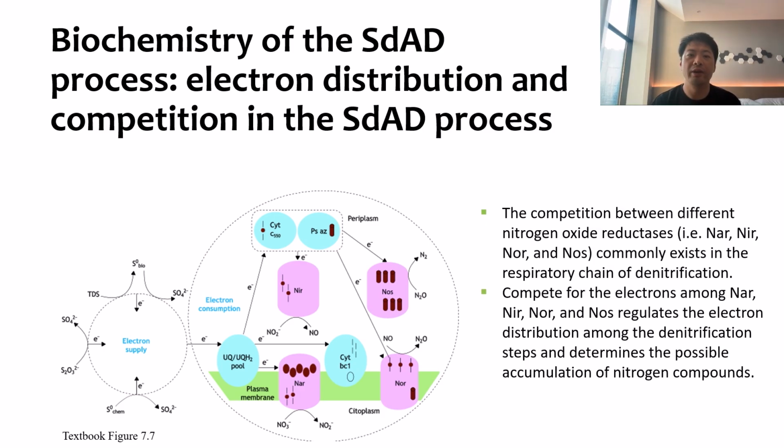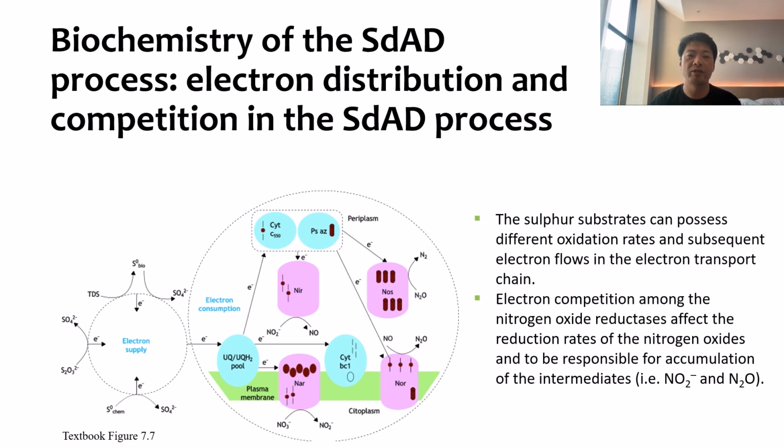On the other hand, the competition between different nitrogen oxide reductases, such as NAR, NIR, NOR, and NOS, as mentioned in the previous slide, commonly exists in the respiratory chain of denitrification. Competition for electrons among NAR, NIR, NOR, and NOS regulates the electron distribution among the denitrification steps and determines the possible accumulation of nitrogen compounds.